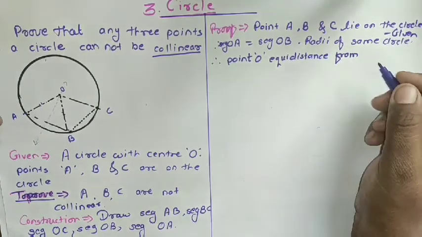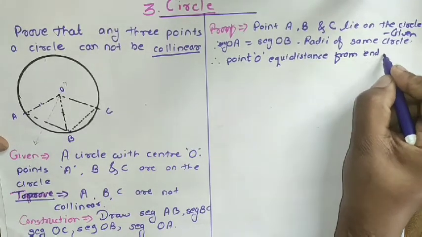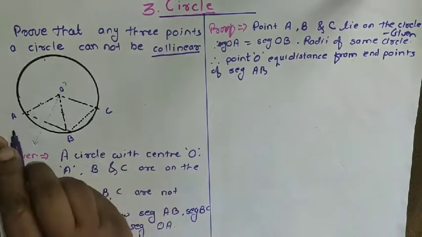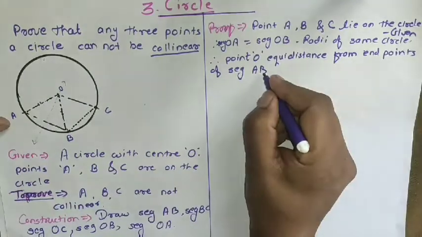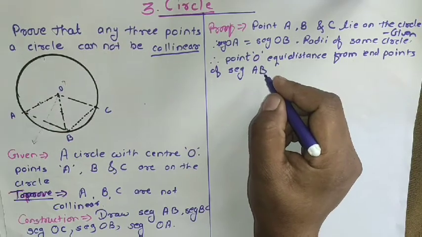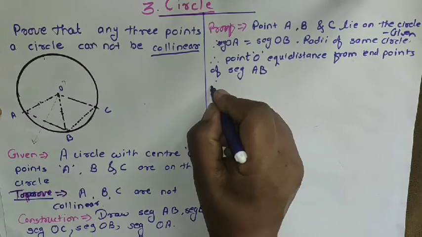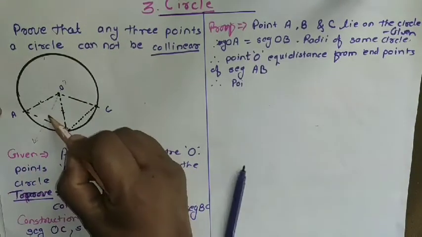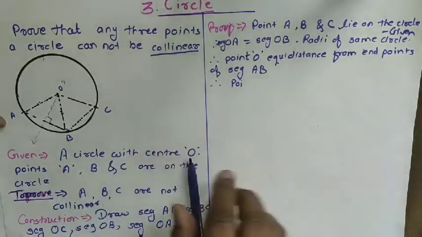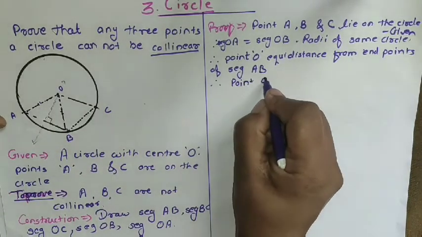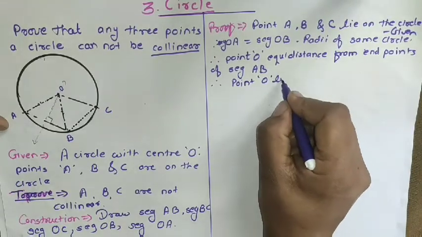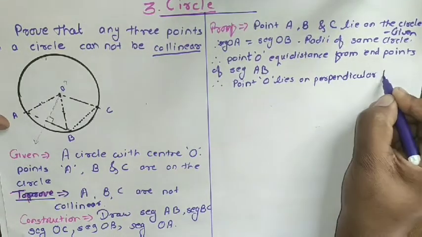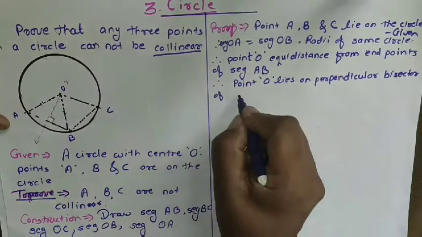Means from A and B, this O is equidistant. Therefore point O lies on the perpendicular bisector of seg AB.